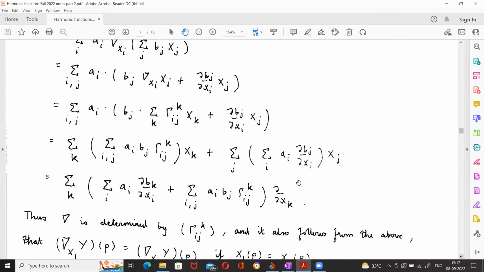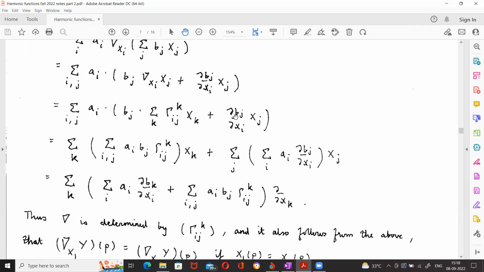So now I've got a linear combination of the Xk's and Xj's, which are the basis vectors. And so I just rearrange terms. I write this as a sum over k now. I interchange the summation and take the sum over k outside. Then inside I get a sum over i, j of ai bj Gamma_ij^k. This becomes my coefficient of Xk.